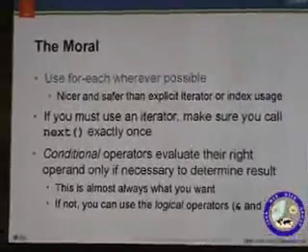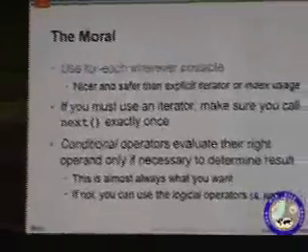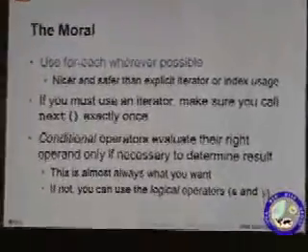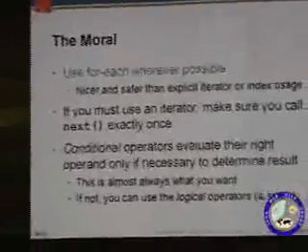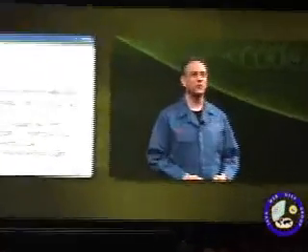So what can we learn from this one? Well, the new for each loop is there for a reason, for a lot of reasons actually. Besides being prettier to read and nicer to write, it really does help you avoid this kind of bug in your programs. So you should use for each whenever it's applicable in your code. If you must use an iterator, there are a few reasons you might have to, make sure you call the next method on the iterator exactly once each time through the loop.